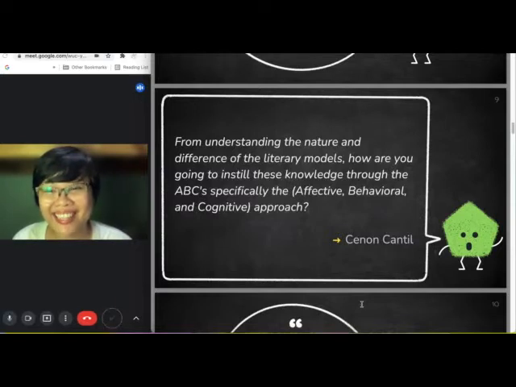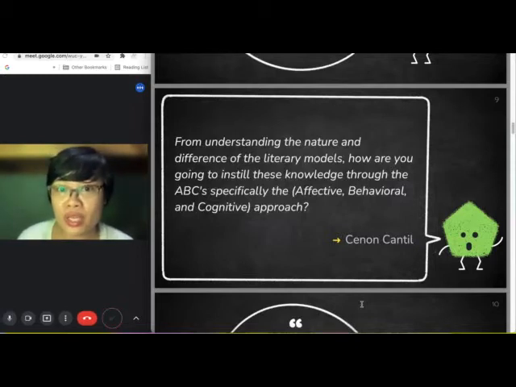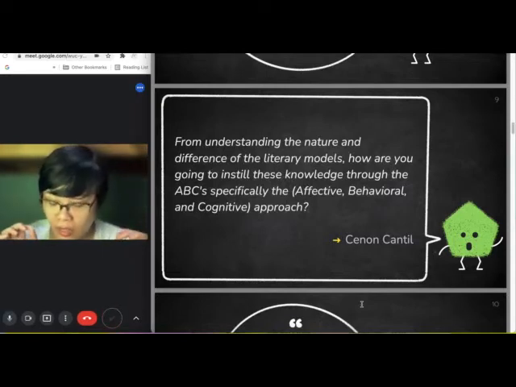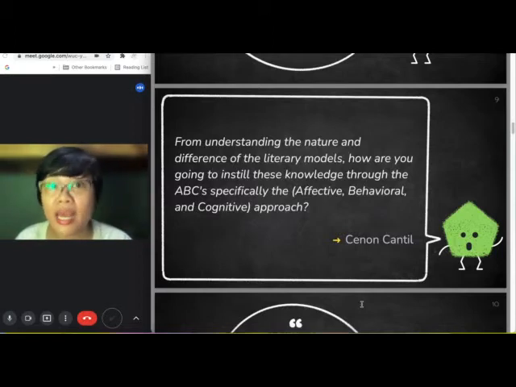These types of questions, especially if we're going to consider the domains and the levels of our students, mean the literary standards would also have to be considered. So later on we're going to talk about the standards, and I must say that you need to choose based on the models and the standards.